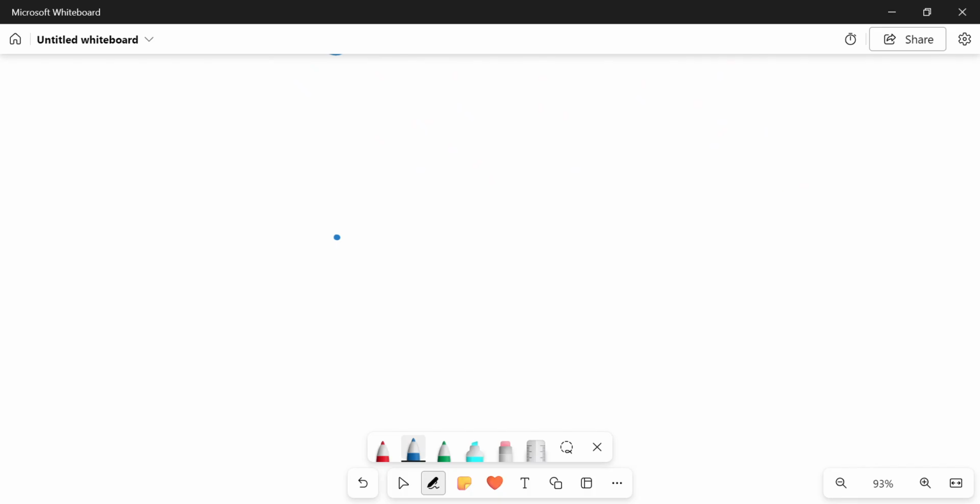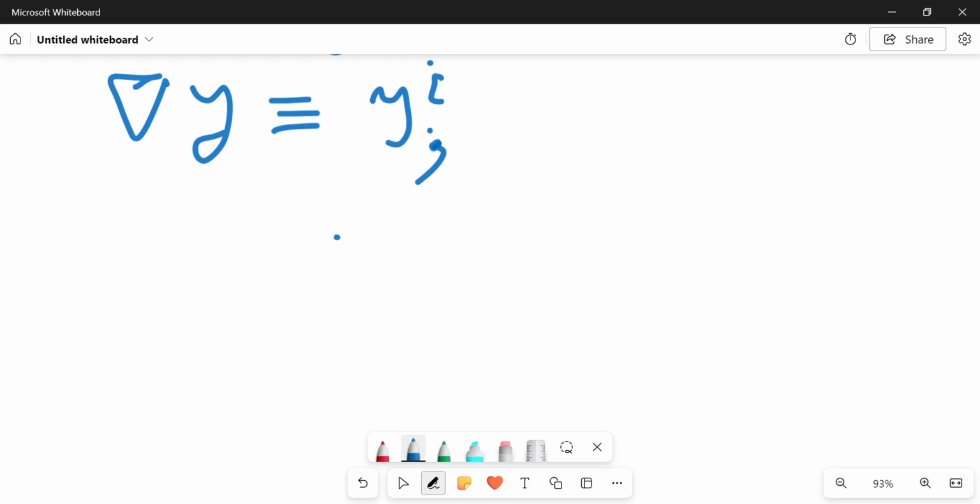Del y in a coordinate system is also y^i;j, we have j here, so we have dx^j, downstairs, upstairs, tensor product with d_i.